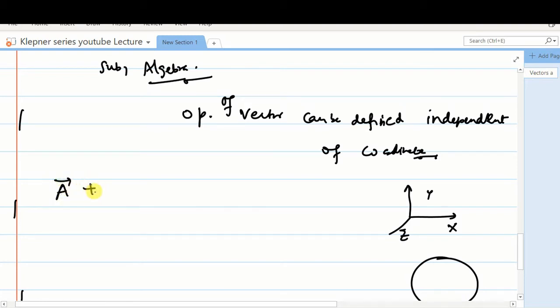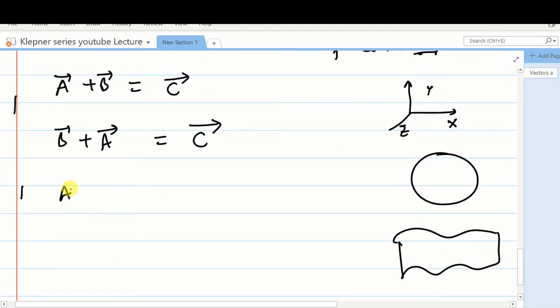If you have two vectors like here, they will produce another vector. If you change the order of the two vectors, the resultant vector will be the same. If you subtract two vectors, it depends on the magnitude of one vector relative to the other, and it will produce something like a C vector. The sign may depend on which vector is greater.